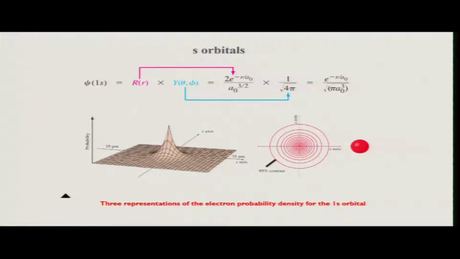There are 3 possible representations for looking at these orbitals. One is to look at the probability along the different axes, another is to look at its contour in 2 dimensions, and finally, to look at the probability density in terms of dots or colors.